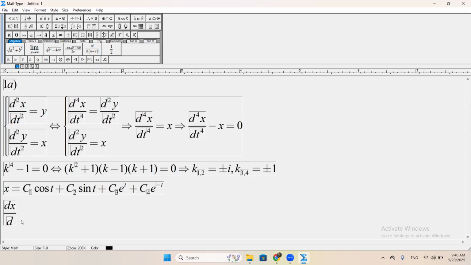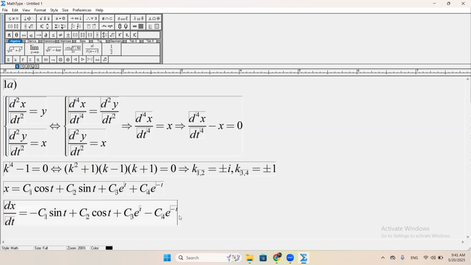So dx by dt will be equal minus c1 sine of t plus c2 cosine of t plus c3 e in power of t, and minus c4 e in power of minus t.